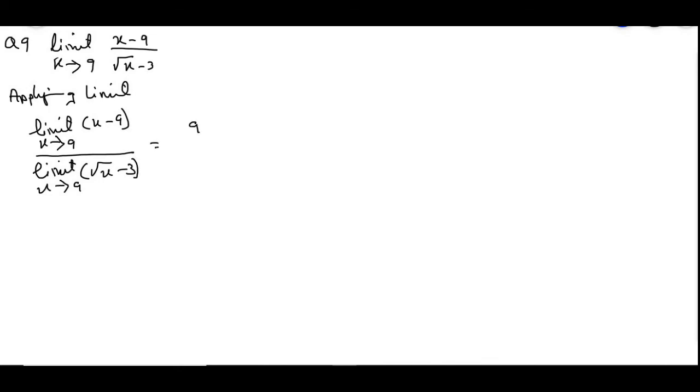We get 9 minus 9 over under root 9 minus 3 is equal to 0 over 3 minus 3, which is 0 by 0 form, again indeterminate form. So apply L'Hopital rule for this.